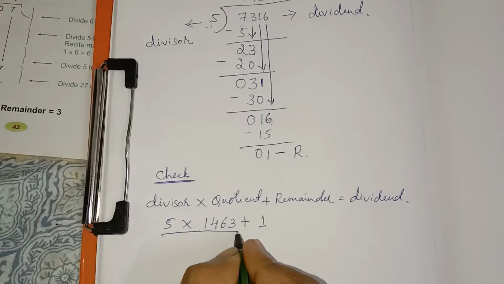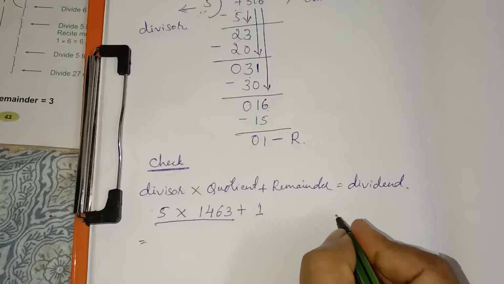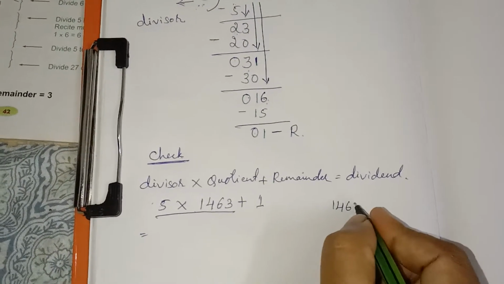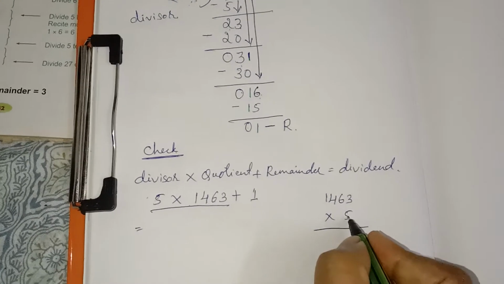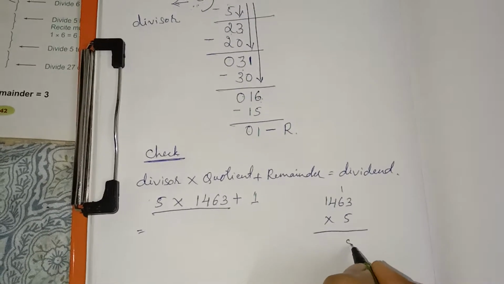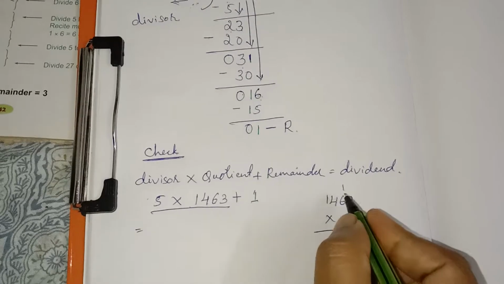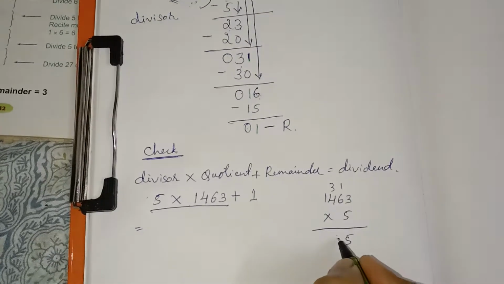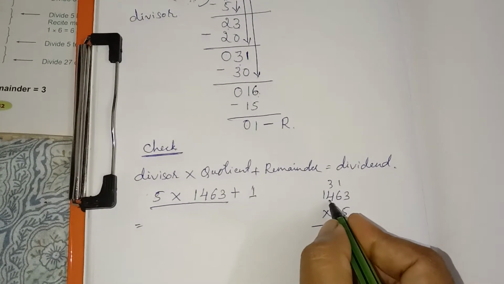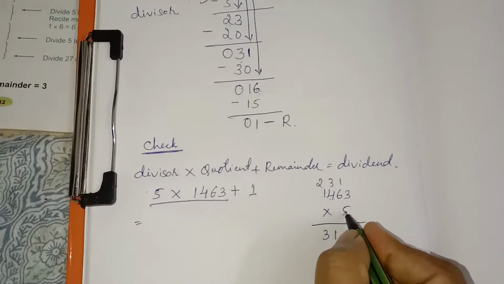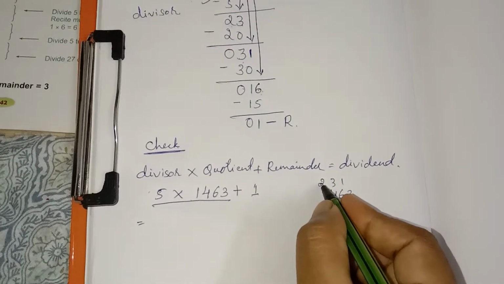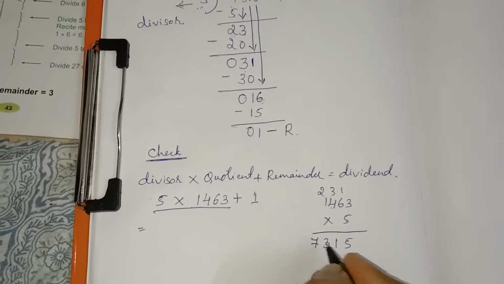Now multiply these two first. 1463 into 5. 5 threes are 15. 5 sixes are 30 plus 1 is 31. 5 fours are 20 plus 3 is 23. 5 ones are 5. 5 plus 2 is 7.